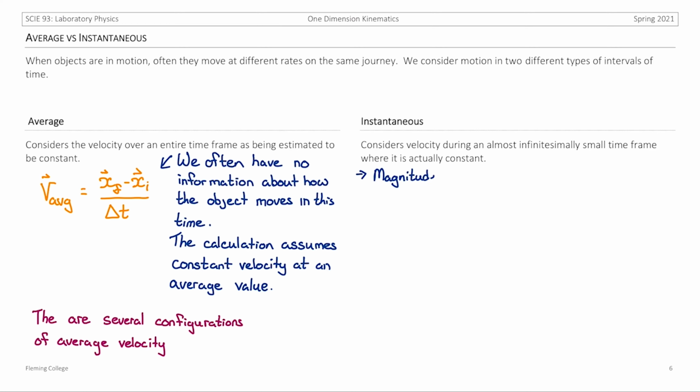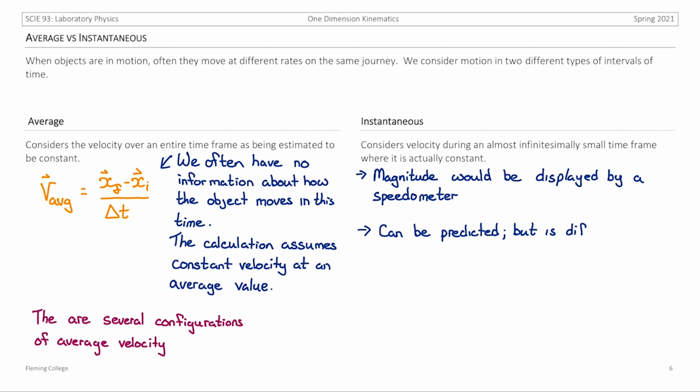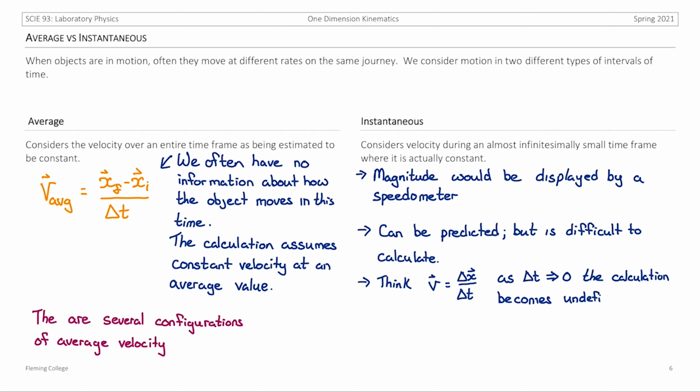So what's happening is we're actually predicting it by considering intervals of time slightly before and slightly after our current instant of time. Why is it so difficult to calculate? Well, think, if we're trying to calculate v as delta x over delta t, if we go to an extremely small interval of time, so delta t goes to 0, then our calculation becomes undefined.